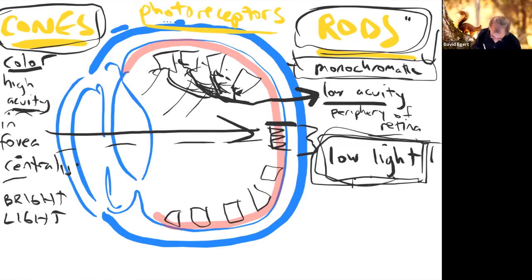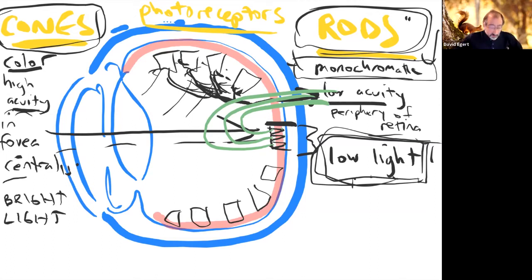With the cones, each cone basically gets its own highway, its own axon going off to the brain. So that means you have much more resolution. I can tell, is it this cone or this cone or this cone? So I have a lot of acuity, a lot of detail, but I need a lot stronger of a signal to go in to actually activate that cone strongly enough that it actually sends a message that I can notice.